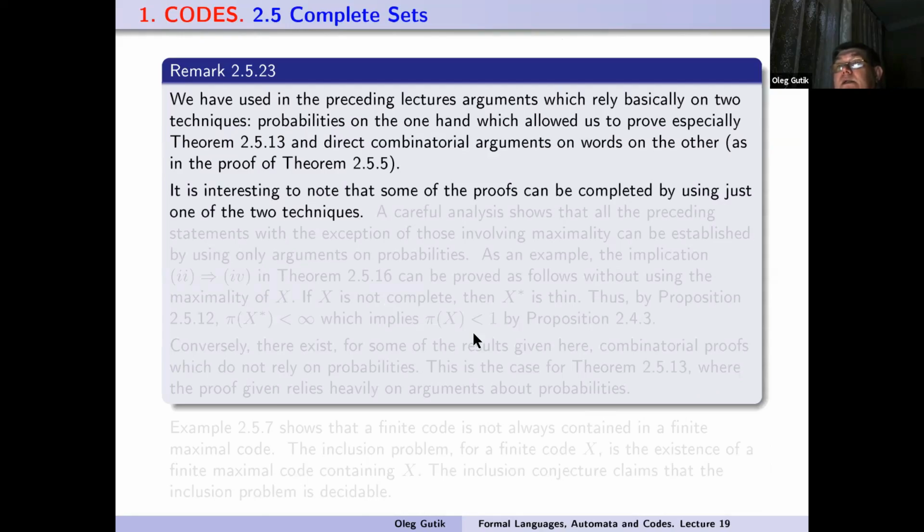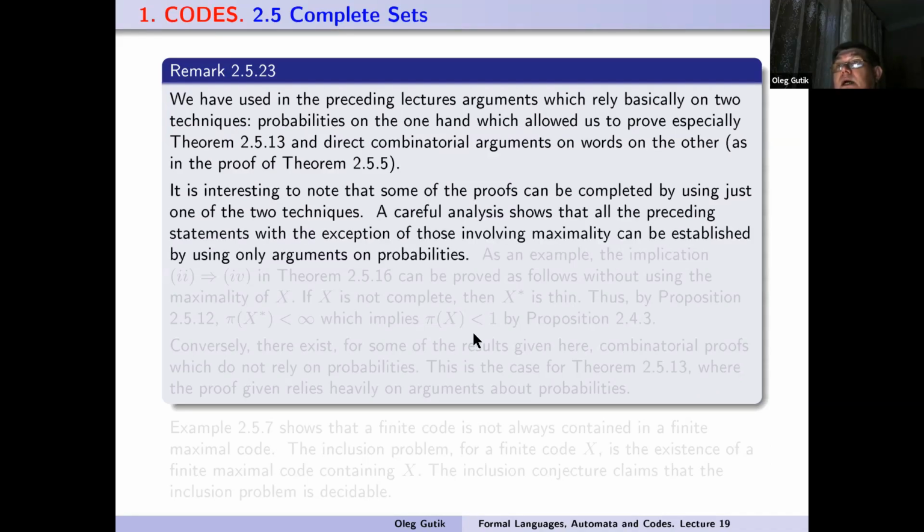It is interesting to note that some of the proofs can be completed by using just one of the two techniques. A careful analysis shows that all preceding statements, with the exception of those involving maximality, can be established by using only arguments on probability.